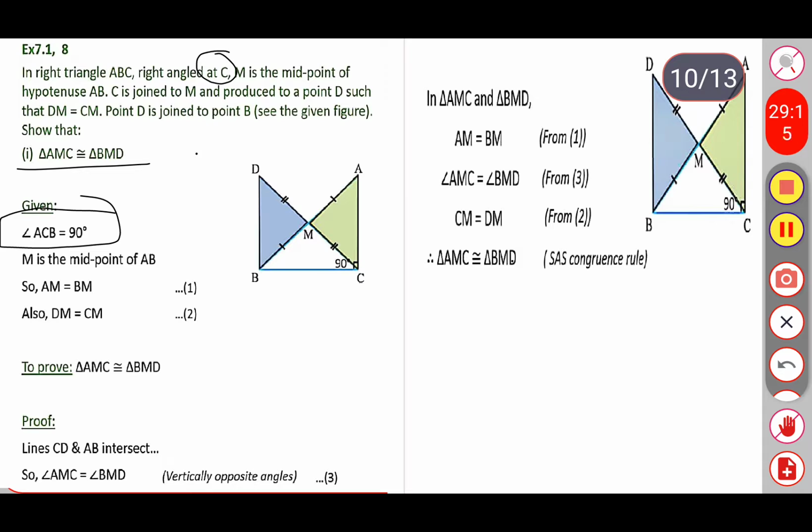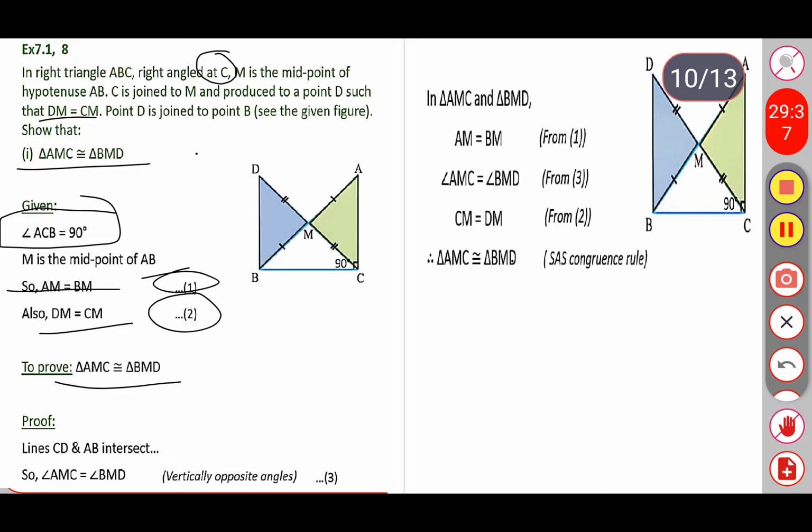Consider that one as equation 1. And next one, DM is equal to CM. This is also given in the question. Consider that one as equation 2. So what we need to prove here is triangle AMC is congruent to triangle BMD.